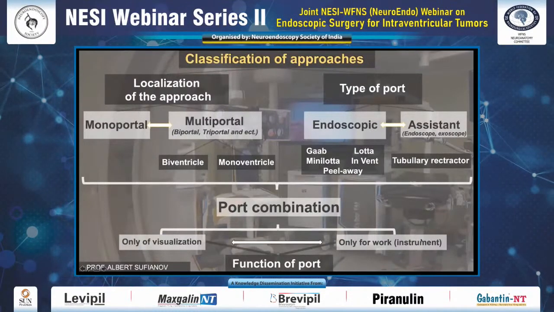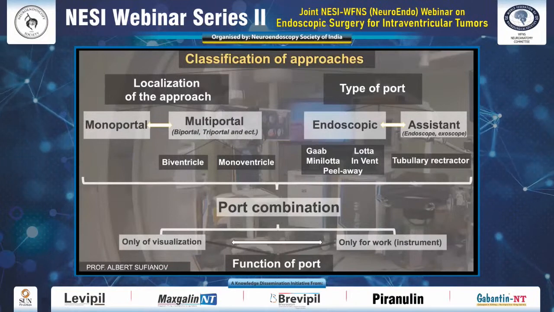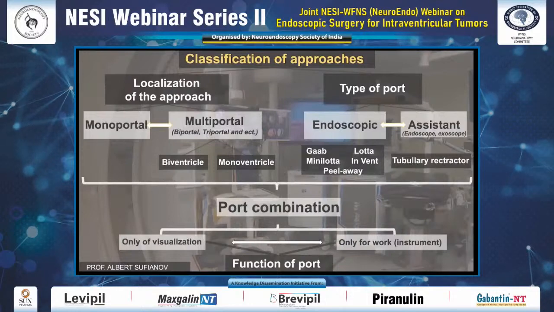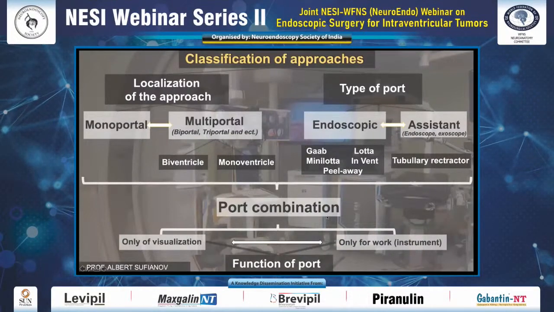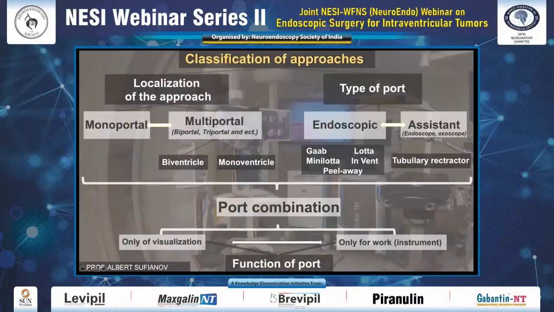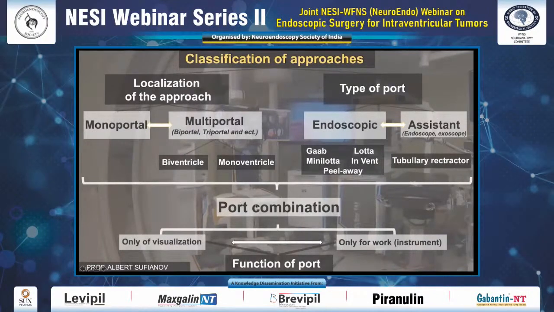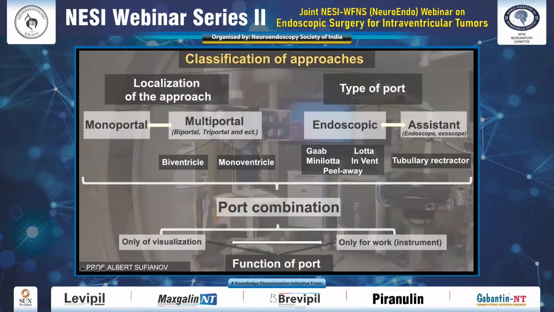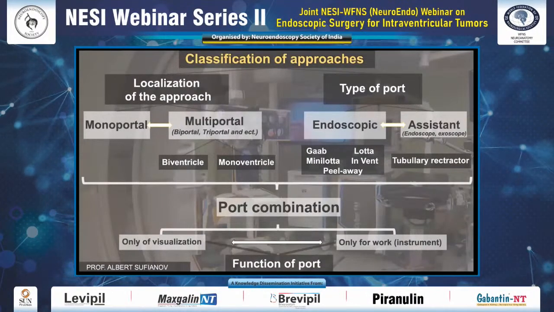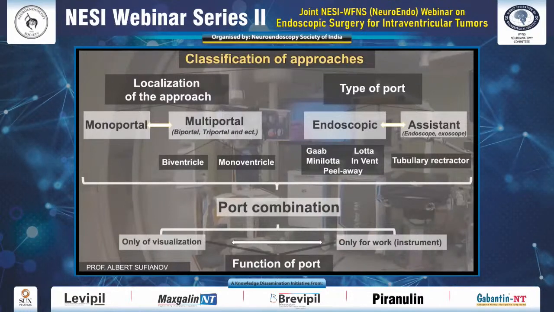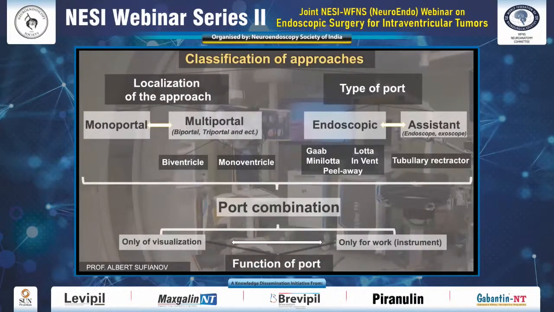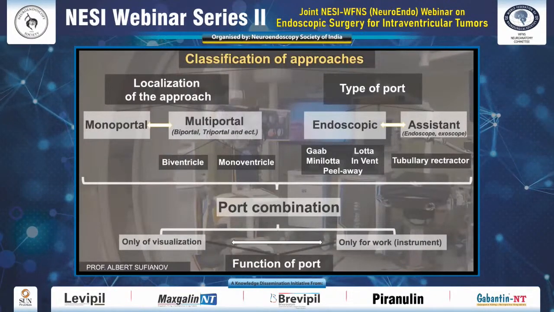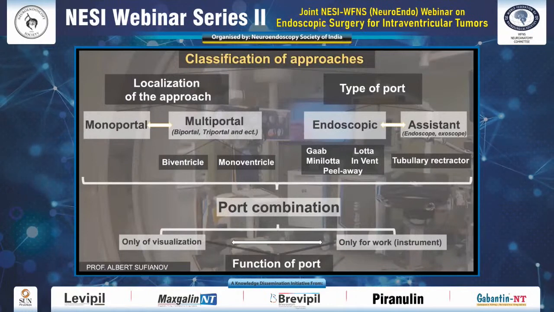But in some difficult cases, it is possible to change the places, or use other combinations. The main important thing is the port combination system, and all options can be combined. So it opens very wide possibilities for the safety and total removal of tumor by the endoscopic approach.